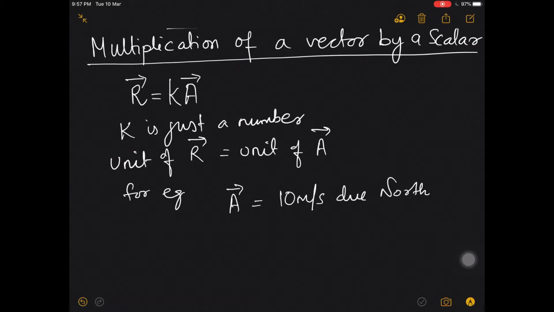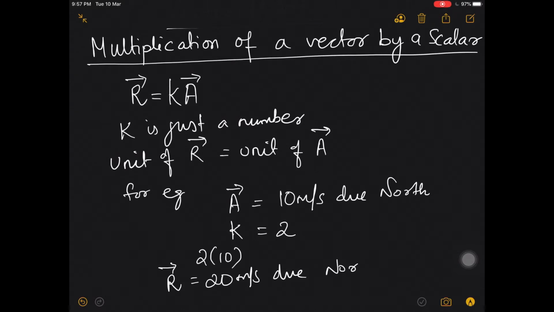When I multiply k with it, say k is any number, say 2, I'll land up with 2 into 10, 20. So I will land up with the magnitude of r as 20 meter per second due north.